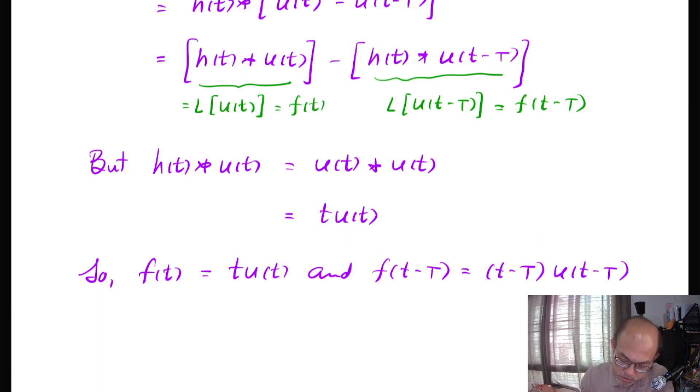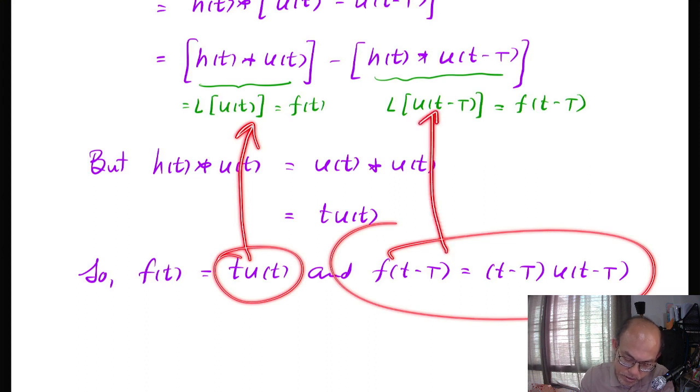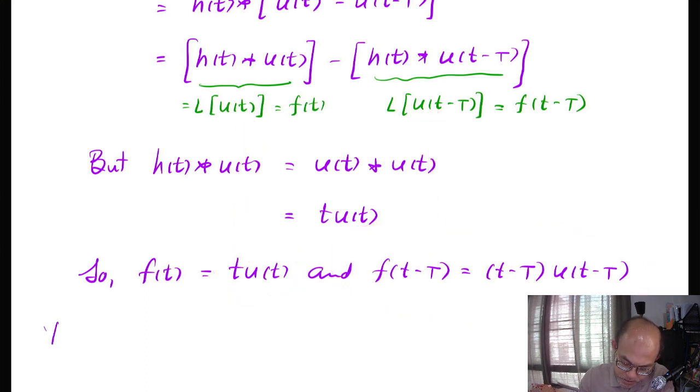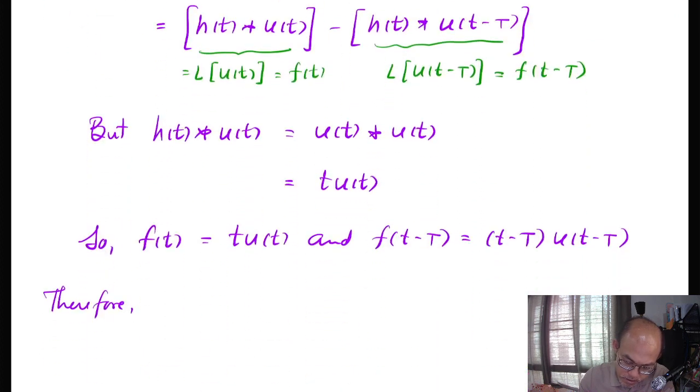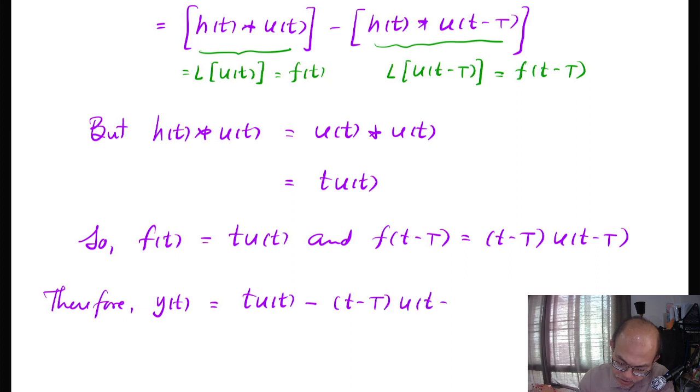So we can simply plug these two into our equation. Therefore, the zero state response is t u of t minus (t minus capital T) u of (t minus capital T).